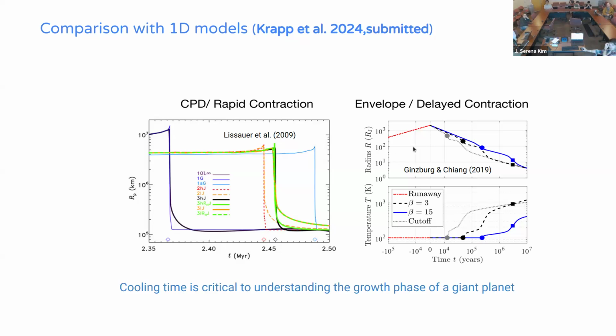So the time scale for the planet to shrink from a few hundred Jupiter radii down to 2 Jupiter radii may be significantly larger if you have an isentrope than if you have a circumplanetary disk, where you grow in mass until you become unstable and you rapidly contract, and you go from a few hundred Jupiter radii to 2 Jupiter radii in a very short time scale.